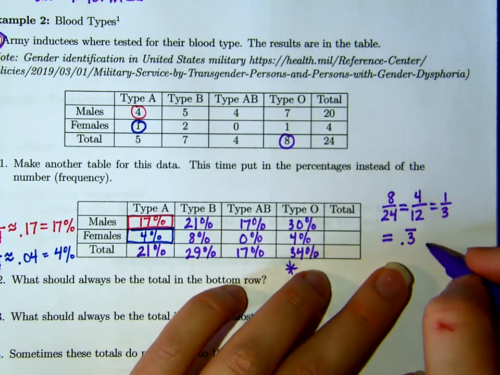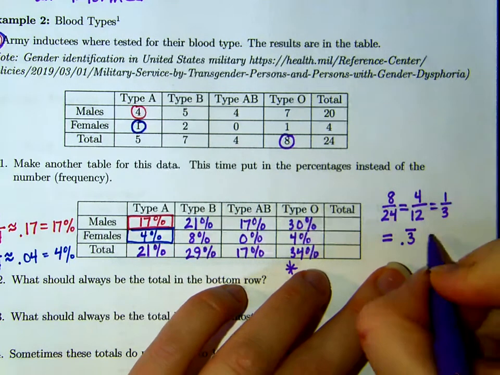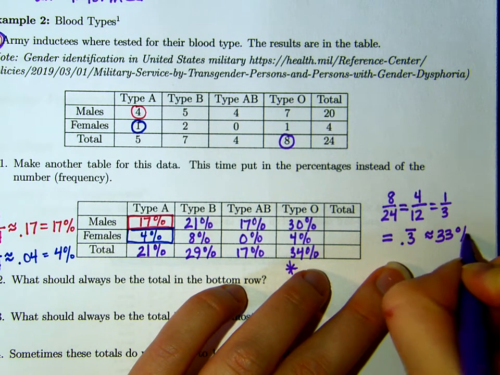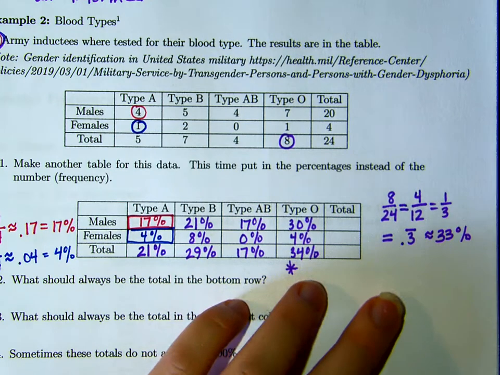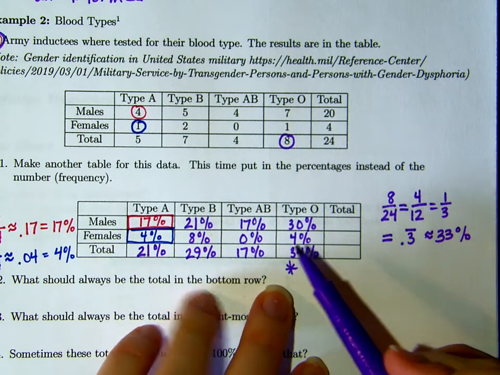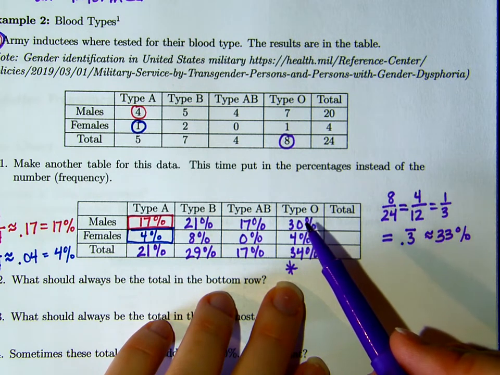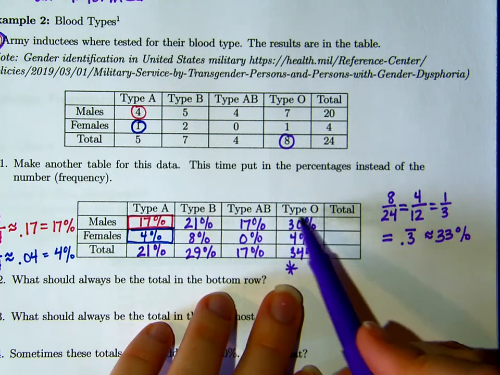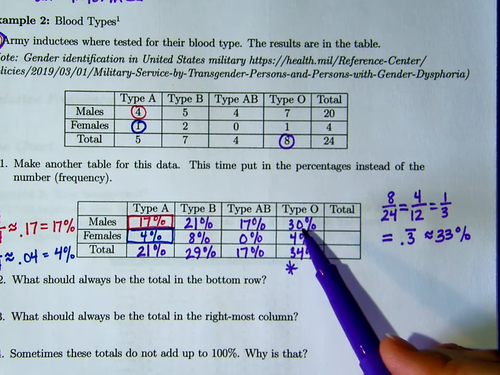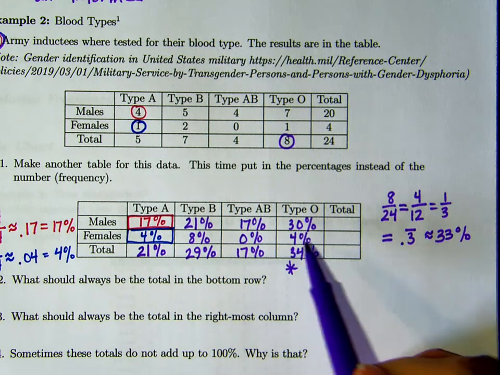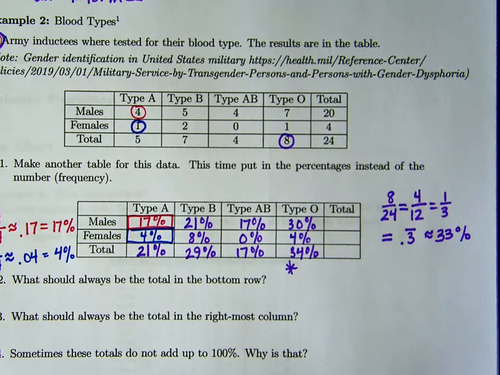And if we turn that into a percentage, that will round to about 33%. So I noticed that there must have been some error here based on rounding. This 30% with more precision maybe was 29.2, and so it got rounded.